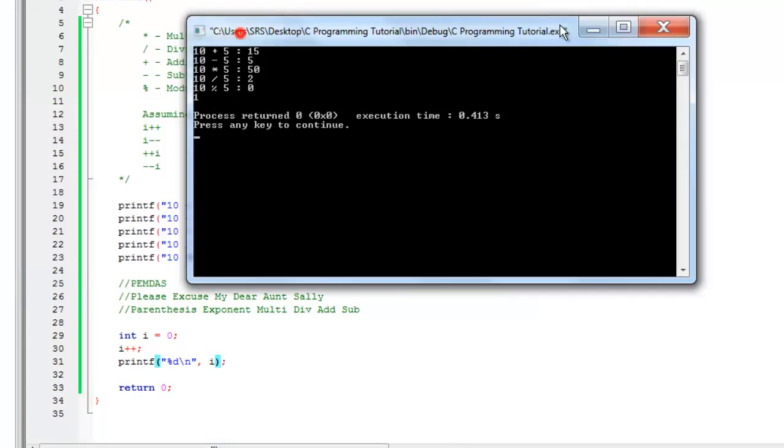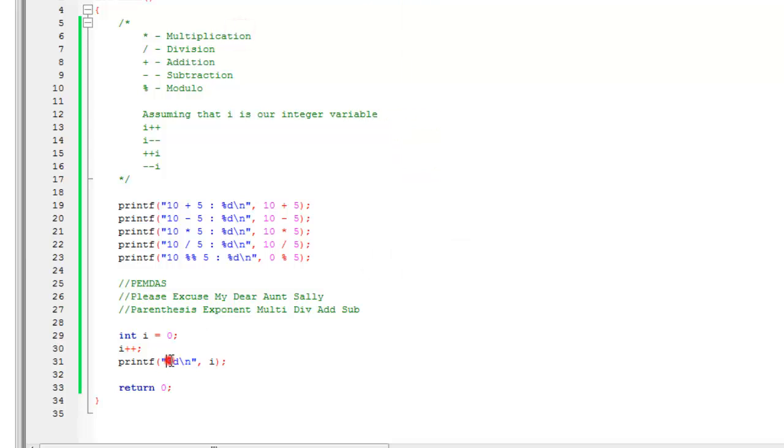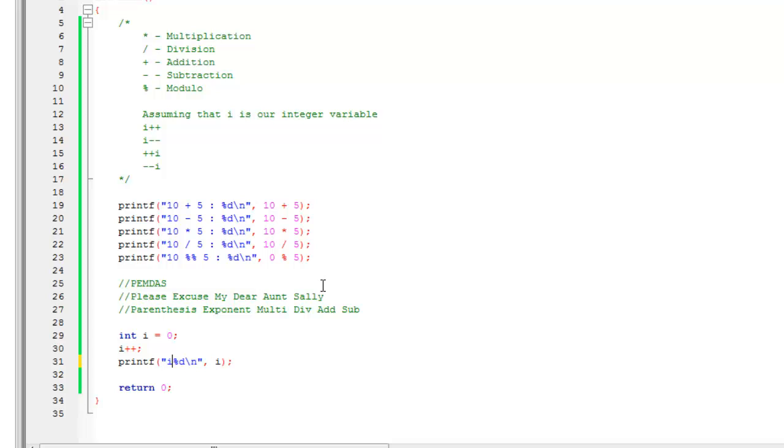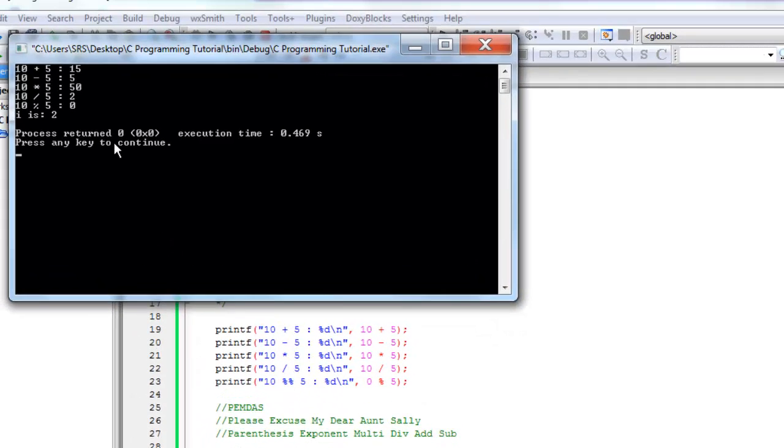Bam. i is 1 right there. And if we were to do plus plus i, that does the exact same thing. It just adds 1 to i. So at this point, i would be 2.